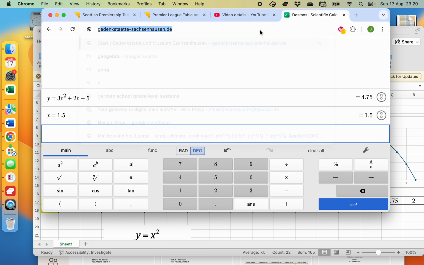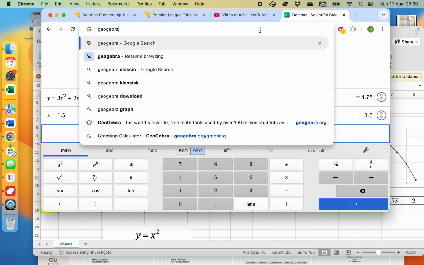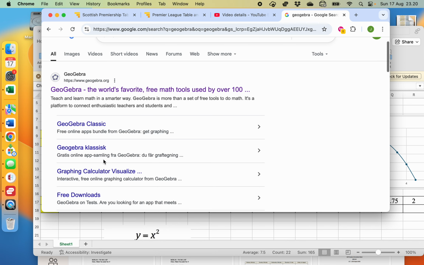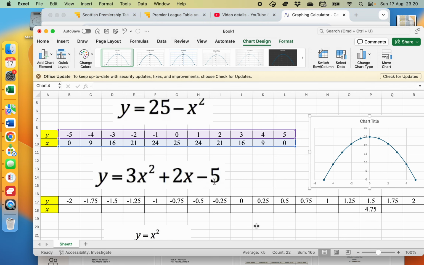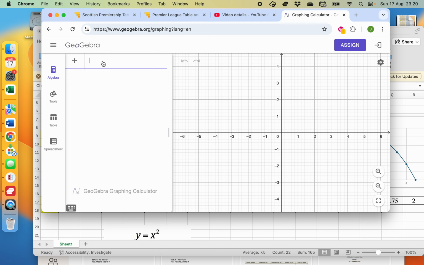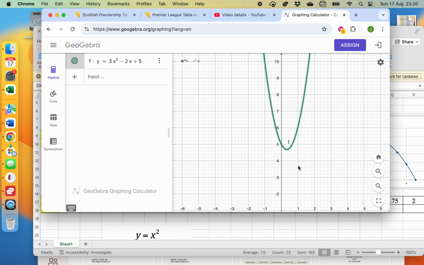So on GeoGebra, let's find the graphing calculator. You can also put the function in GeoGebra. So 3x squared plus 2x minus 5. Input y equals 3x squared minus 2x plus 5, and you get the same basic parabola shape.